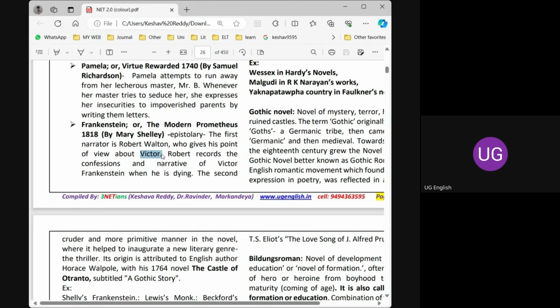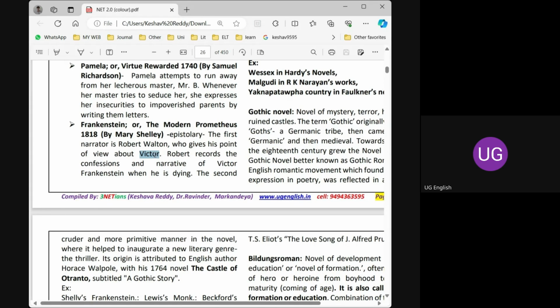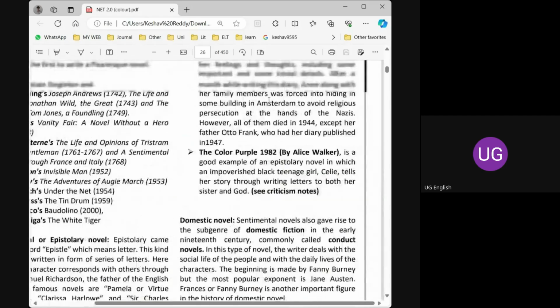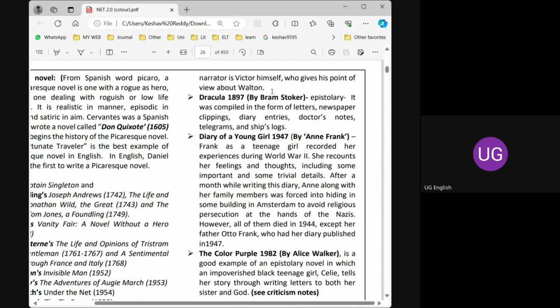Victor is the robotic novel, we can say. So here the scientist has invented, created a creature, and this creature kills his master, the inventor. And the rest of the story is narrated, a very interesting one. So this is very, very important, just remember this.